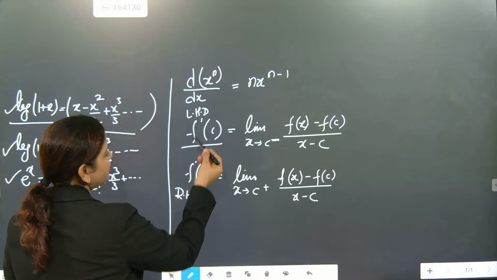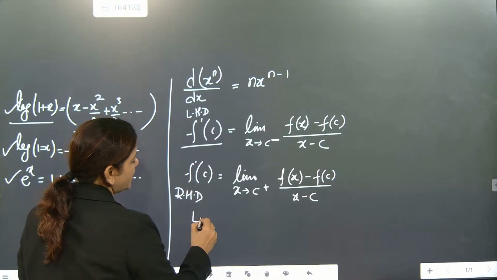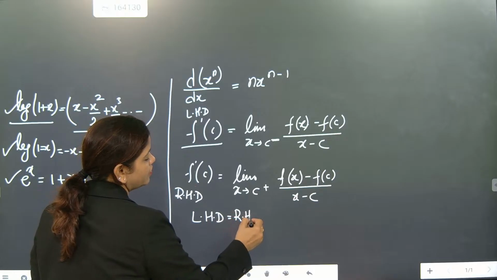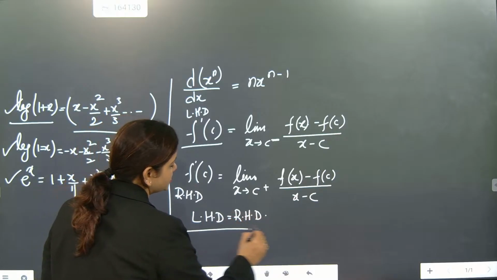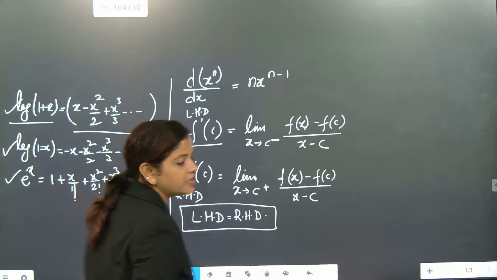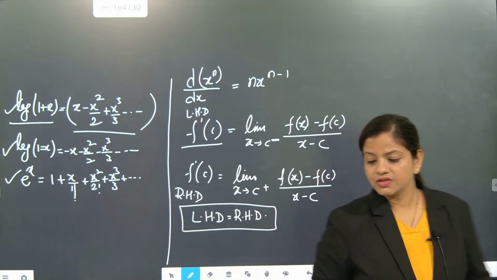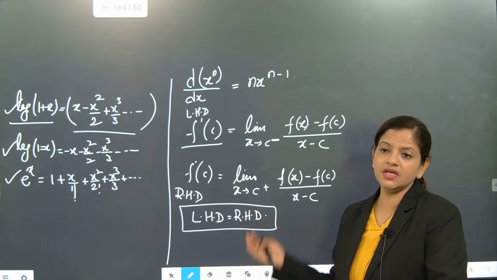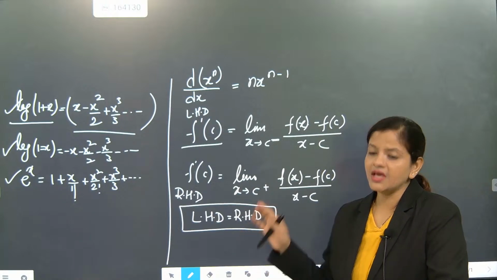Understood? So here left and right parts will be there. So LHD is equal to RHD, then only the differentiation will exist. Otherwise, it will not exist. Understood? So this is the existence of derivative. If LHD is equal to RHD, then only the limit will exist.